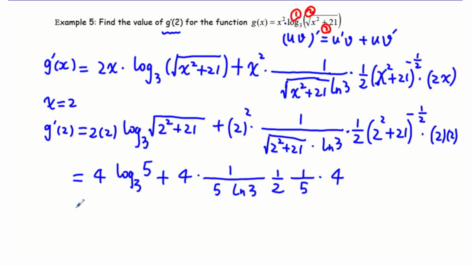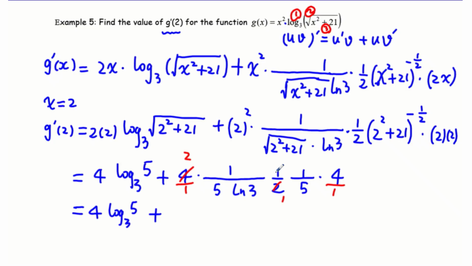Continue to simplify. 4 over log base 3 to the power 5, plus numerator times numerator is 16, but also you could cancel one of the 2 as a common factor from the numerator and the denominator. So this 4 we could consider as 4 over 1.